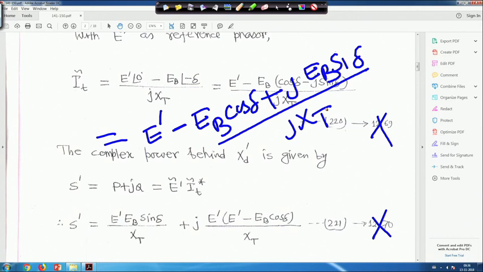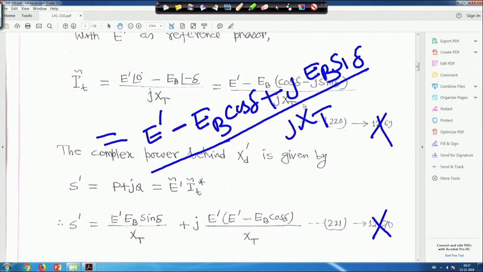This is your full thing, divided by j x t, and this is my I t tilde. Now the question is that you multiply numerator and denominator by j, and simplify.